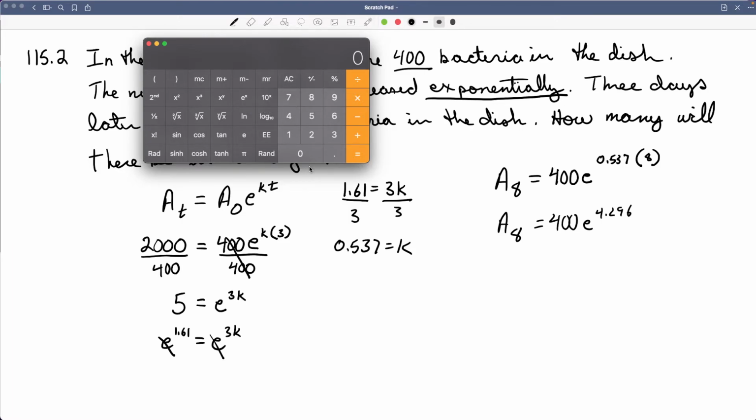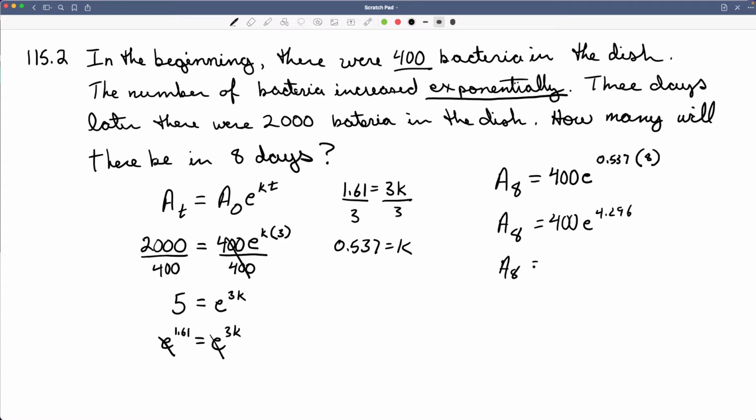So I'm going to type in 4.296. And it tells me 73.4055. Because that's a 5, it's about where you round it, I'm just going to drop it. I'm going to say 73.4. So that would be A of 8 is equal to 400 times 73.4.